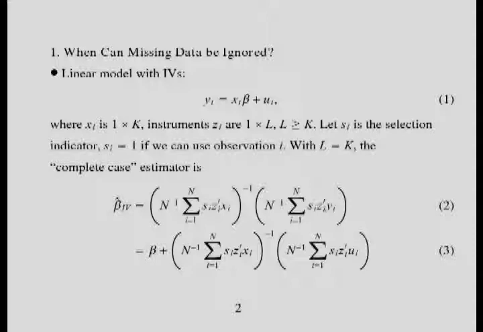So if we start with the linear model, and to just allow some generality, consider estimating it by instrumental variables. So think of equation 1 as being a random draw from the population of interest, and then we may or may not observe all of the data that we need in order to estimate this equation by either two-stage least squares or actually even some sort of generalized method of moments procedure.